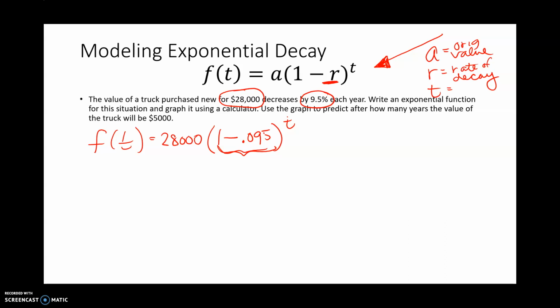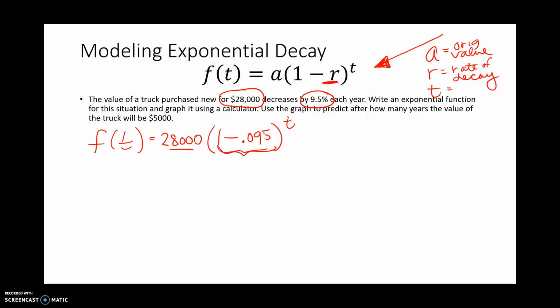So I'm going to graph this, right? And when we're graphing, t is our input. So that's really x. When we graph it on our calculator, it's going to look like x, isn't it? Okay. So I'm graphing it. Oops. Now your window is going to be a little messed up because we got some huge number here. So what I'm going to do is say it starts at 2,800, right?